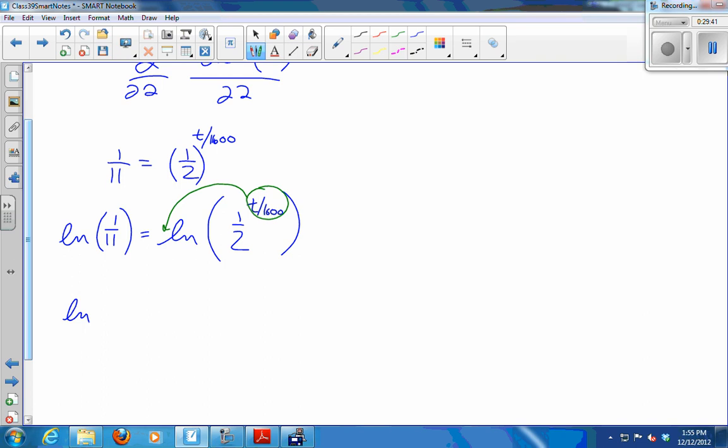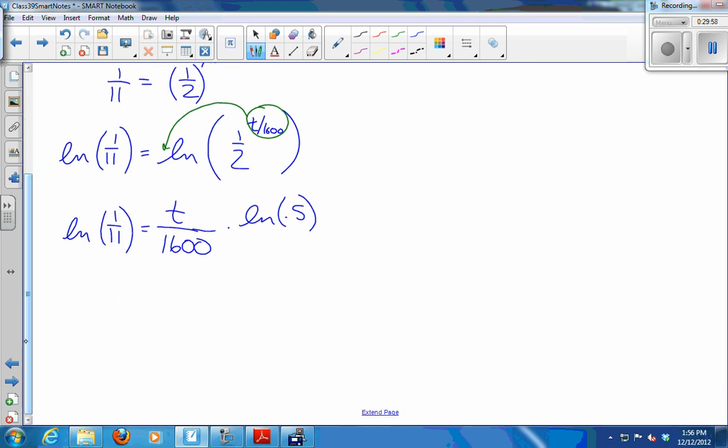So I have the ln of 1/11 is equal to T over 1,600 times the ln of 1/2. And now I've finished solving for t. I would divide both sides by the ln of 0.5.